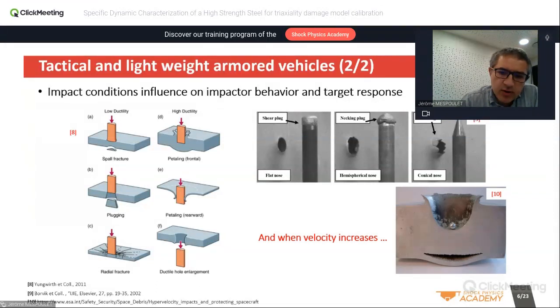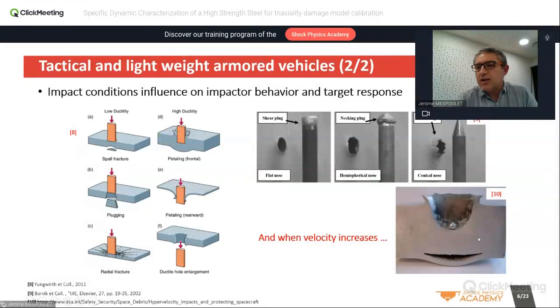And this is an extreme case when velocity increases. It is more an example in terms of hypervelocity impact. You see an example of a very large target. You see the impactor, a small sphere you can see in the hole. And as you can see, you have no penetration. In fact, the hole is only less than half the thickness of the very large target, but at the back, you have a big opening that is really close to a small fracture behind the target.